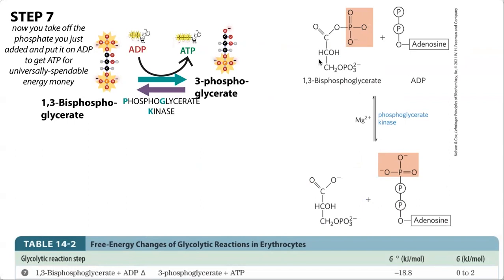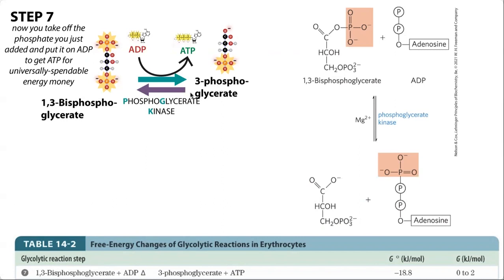So we see that this kinase is catalyzing this reaction in both directions. In terms of its naming, when we name a kinase, it's in terms of what it's giving a phosphate group to. So we name it phosphoglycerate kinase because when it acts in the forward direction, what it's doing is adding a phosphate group to 3-phosphoglycerate.